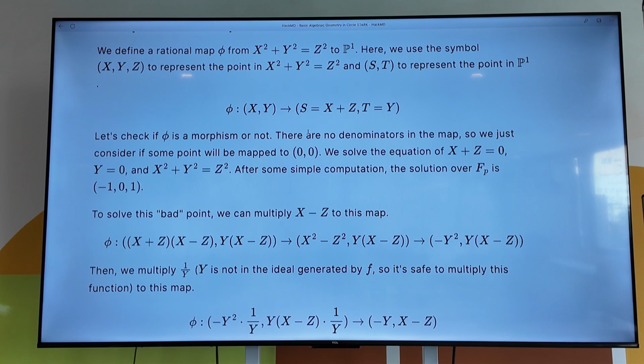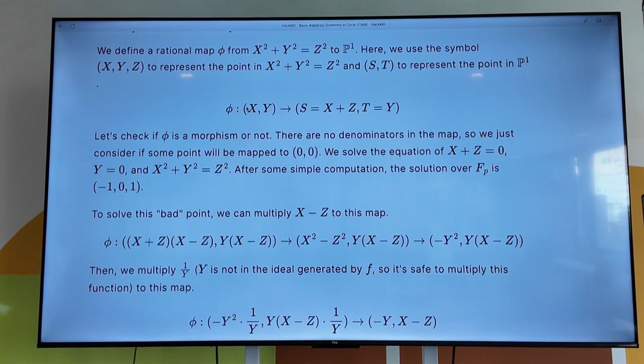We can show this one. If we have a map like this, we can map a circle curve to P1 by this map phi, and it should be a very useful map, because every point in the circle curve is mapped to a meaningful point in P1.